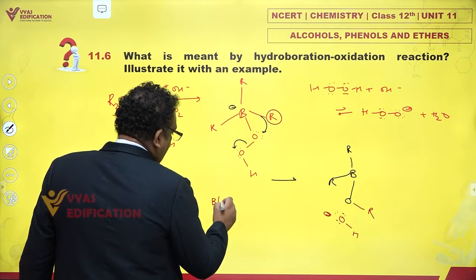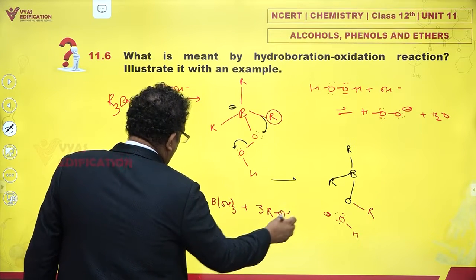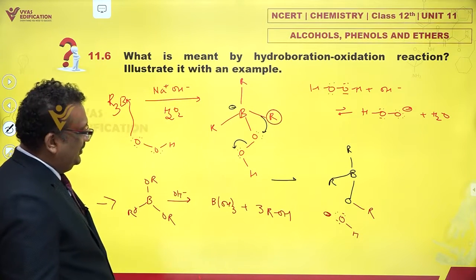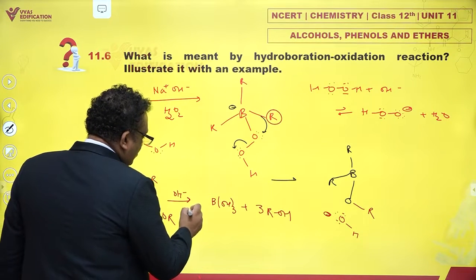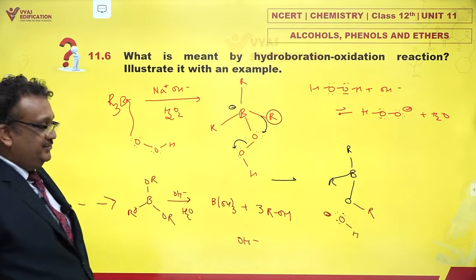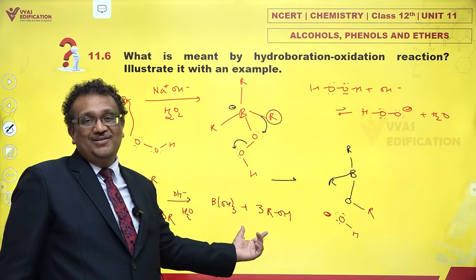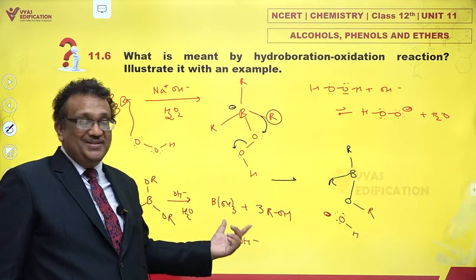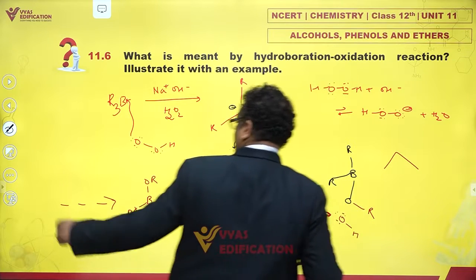So you get B(OH)3 plus 3 times ROH. Actually, you'll get RO minus, and RO minus with H2O will give you ROH like this. Right? So you get alcohols. The fun part is, you remember your propene, right?